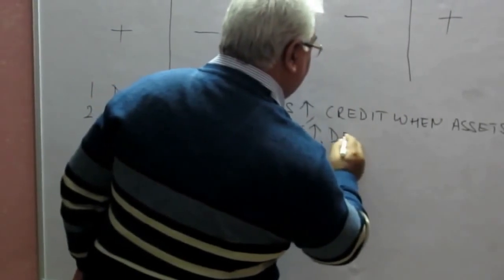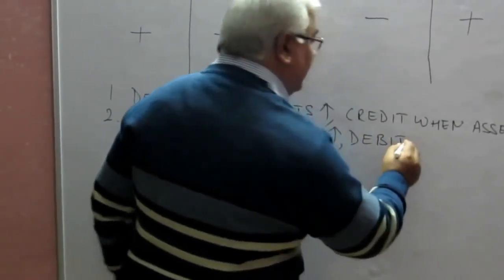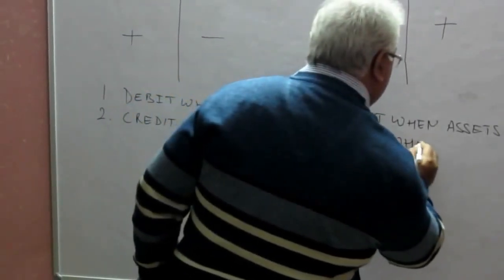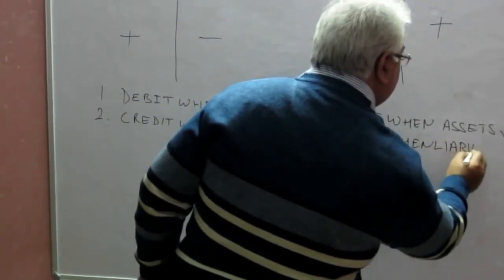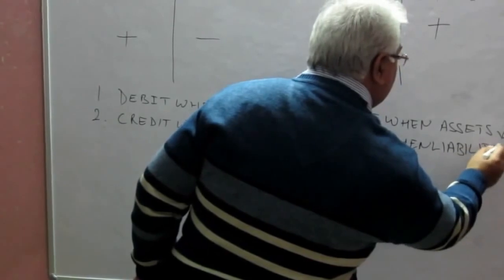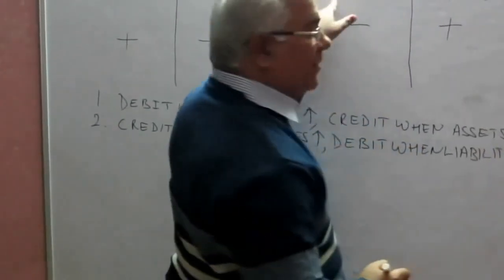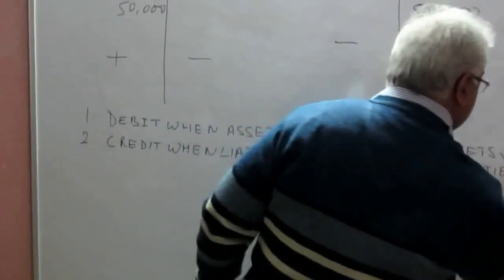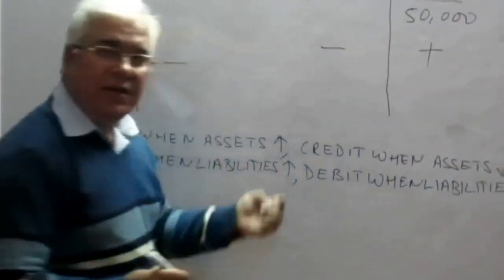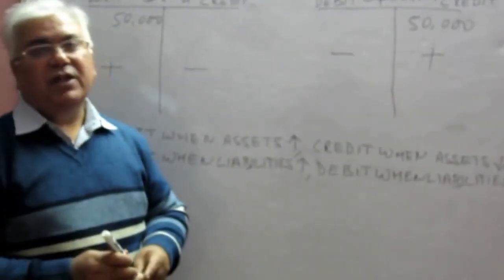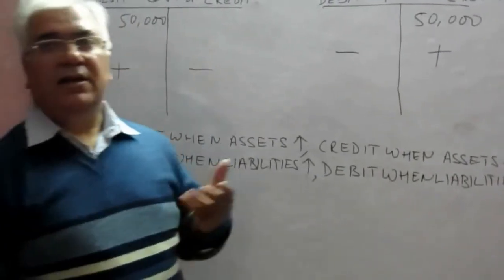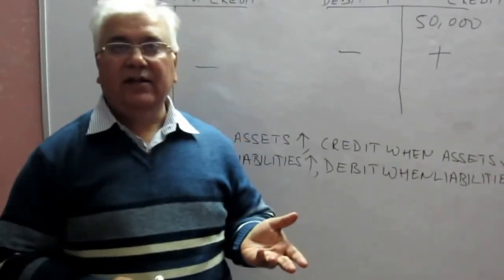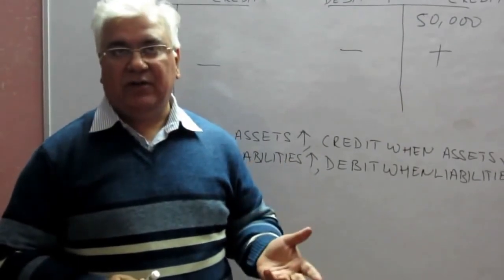So, debit when liabilities decrease. So this is quite clear. Now we shall move on to the other accounts. They are revenue accounts and expenses and losses accounts.